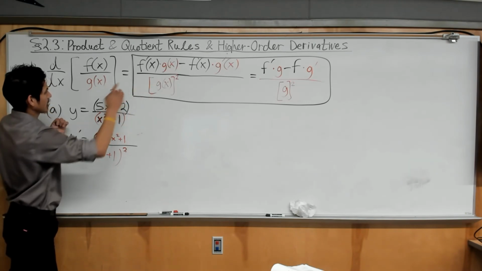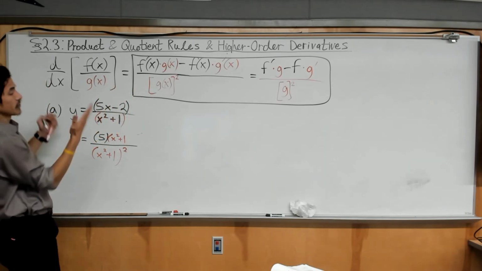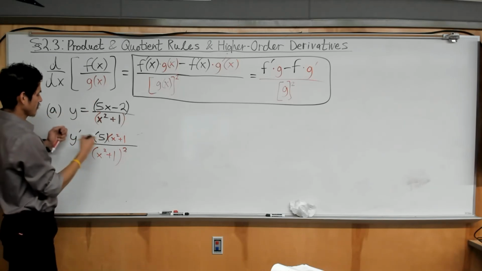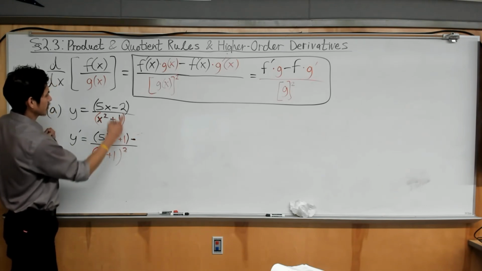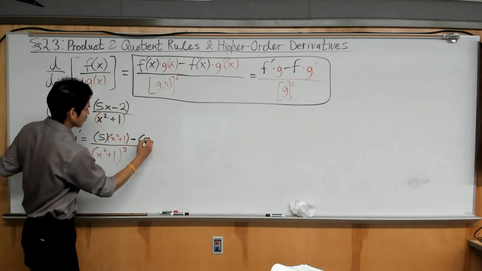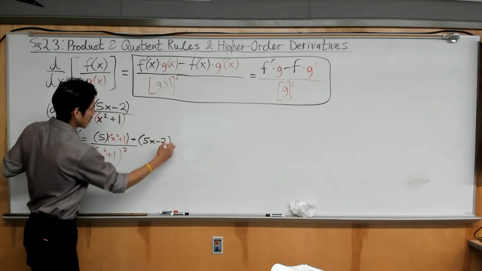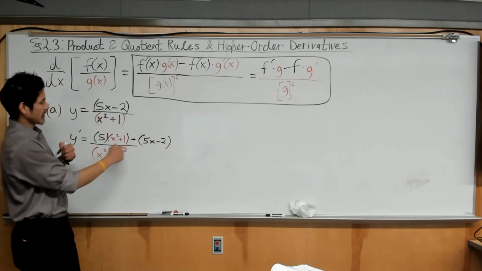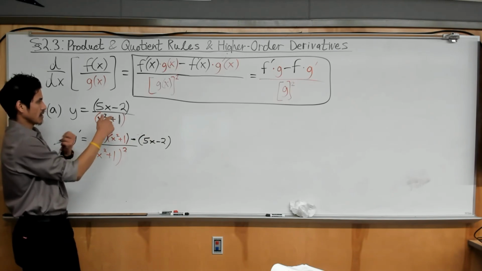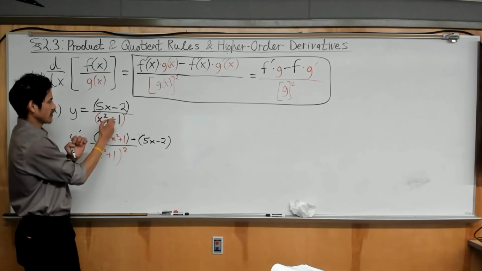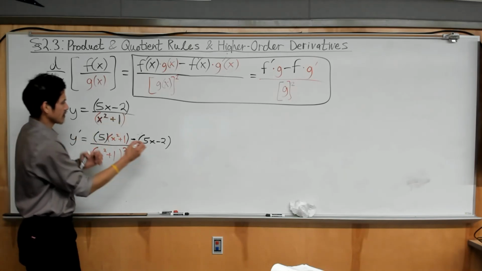I think you get the idea. Then from here we subtract the top, keep the top function, 5x minus 2, and now we multiply by the derivative of the bottom. The derivative of x squared plus 1 is just 2x.